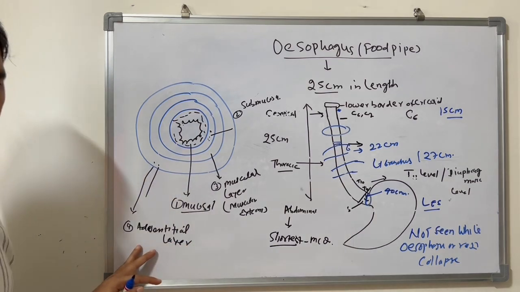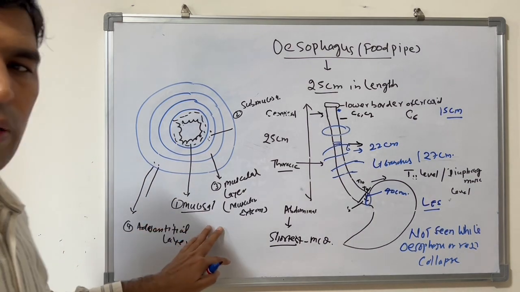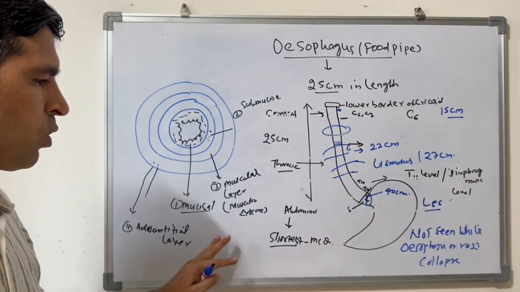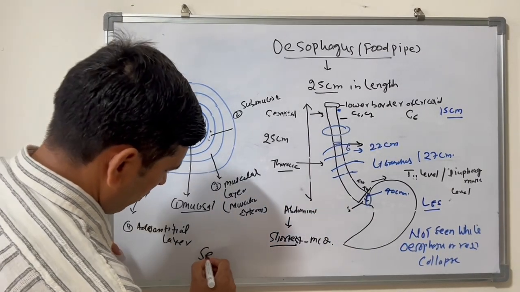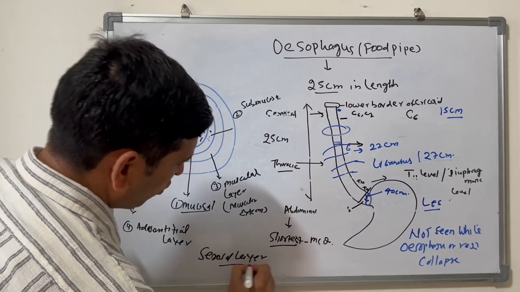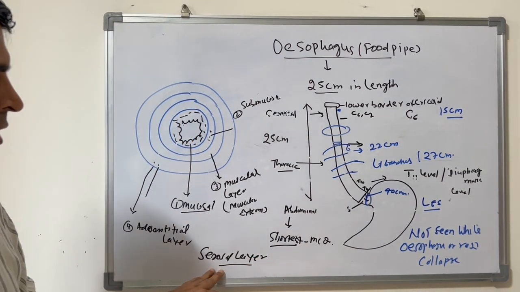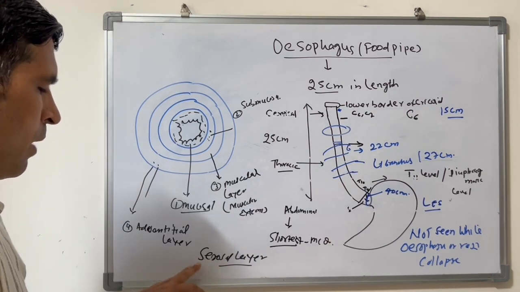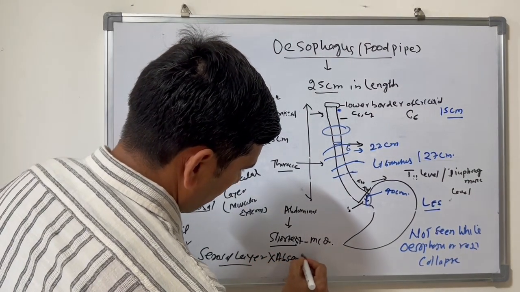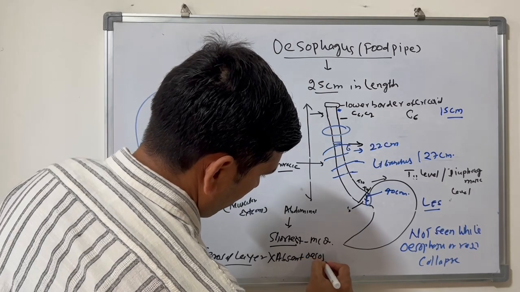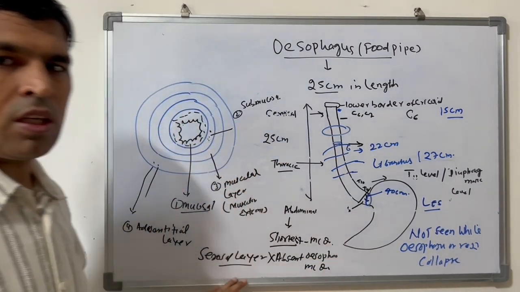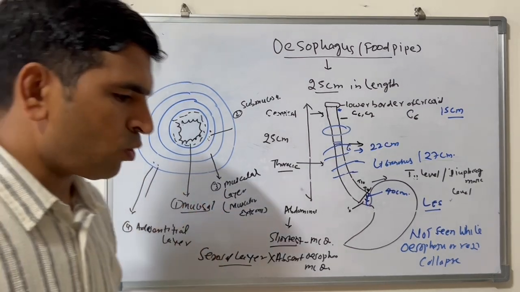There are four layers. But in the digestive system, there is another layer, the serosal layer, which is a very smooth or sliding layer. That is absent in the esophagus. So MCQ: the serosal layer is absent in the esophagus.